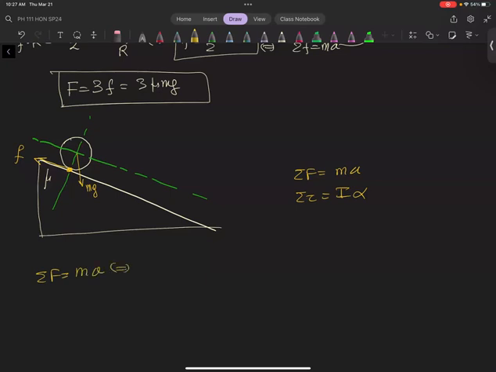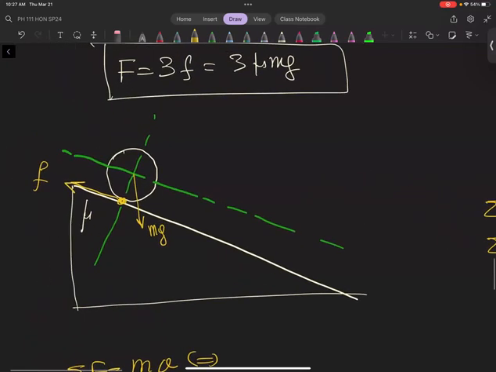Sigma of F equals ma yields the following. What are the forces acting on this disk when it is treated as a point mass? Well, we know what to do. Free body diagram. This is going to be my mg sine, if this is phi, of course. And this is mg cosine. And this is a normal. Yes.